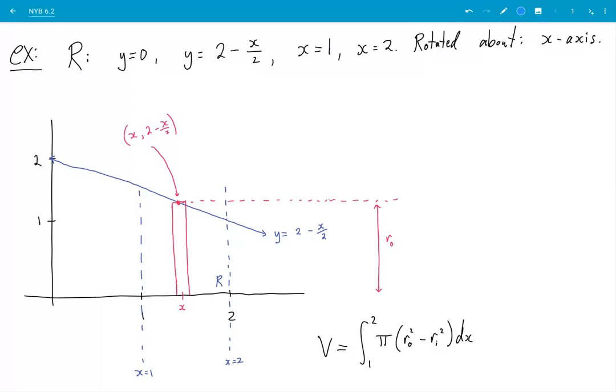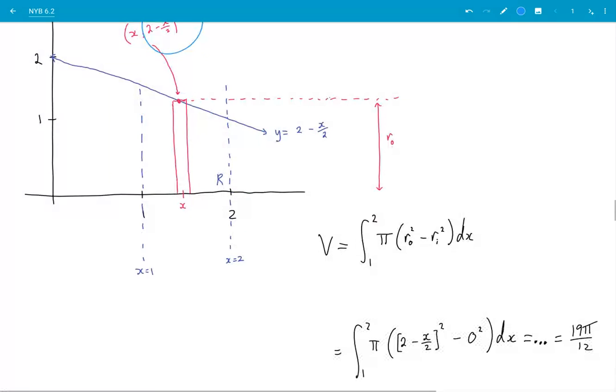Okay, in this case, R_O, our outer radius, is just the y value of this point. And I have so generously provided that for you right here. So I'm going to be plugging this in for the outer radius. And that's all. You grind it out, and you get 19 pi over 12.